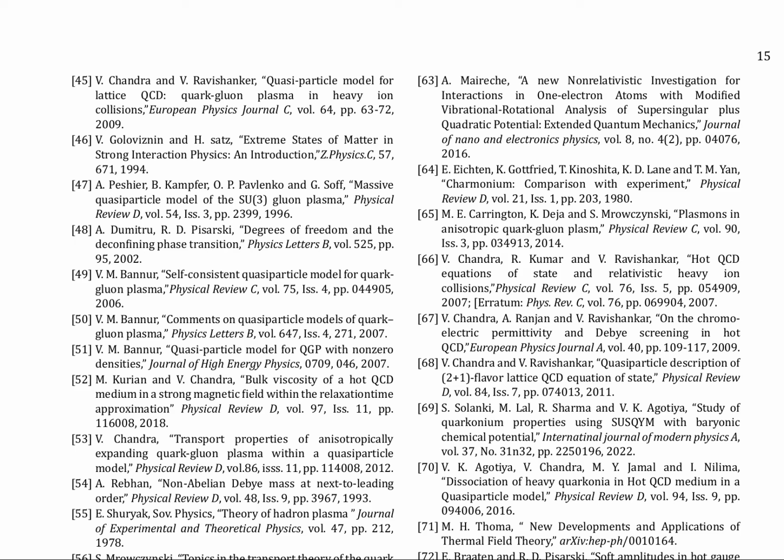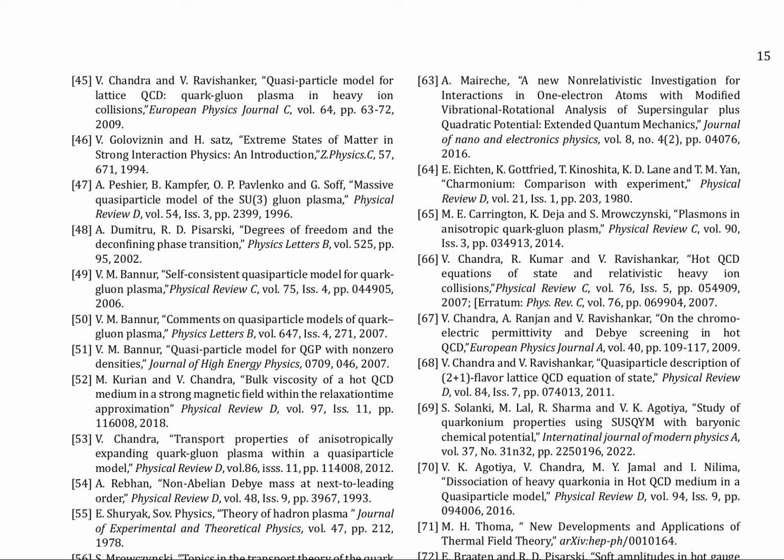The authors have conducted an extensive review of various studies related to quark-gluon plasma, quasiparticle models, and quarkonium dissociation in hot QCD medium. The references cited in the paper cover a wide range of topics, including lattice QCD, quark-gluon plasma, quasiparticle models, transport properties, and quarkonium dissociation.